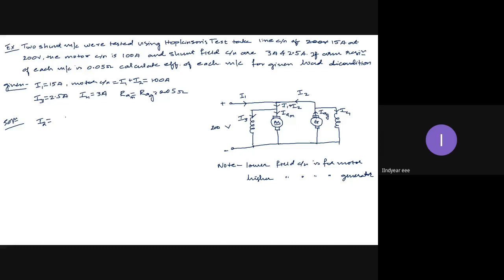I2 is equal to the line current of the generator. I2 is equal to 100 minus I1, which is 85 amperes. 100 amperes is the motor current, I1 plus I2, and I1 is 15 amperes.